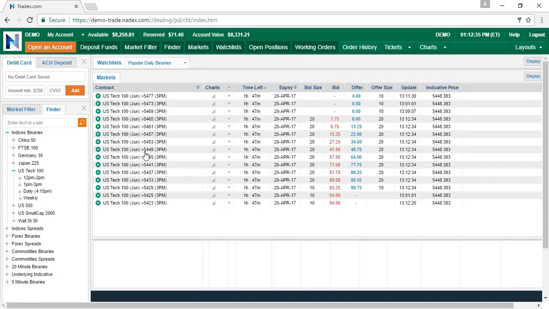It's when the strike price of the binary contract, for example, 5449, is right close to the current underlying price, the binary is going to be worth approximately 50 bucks, because it's right on the fence. If it expires above it, it's worth 100. If it expires below it, it's worth 0. What's in between 0 and 100 is 50.